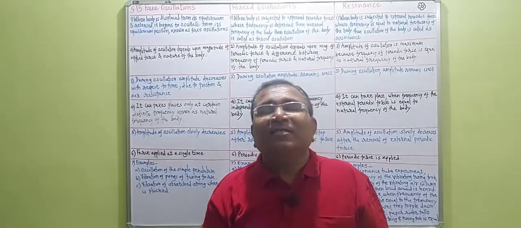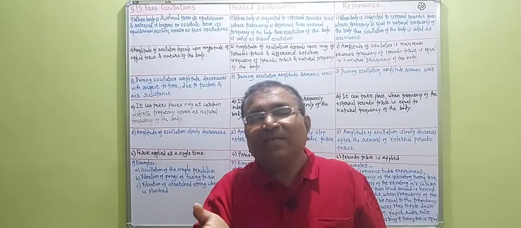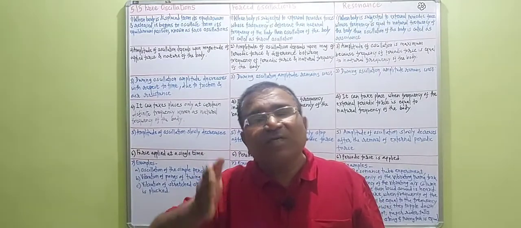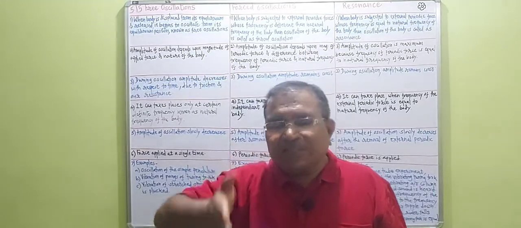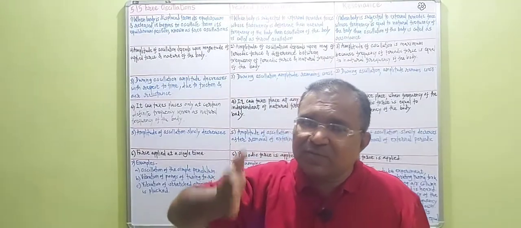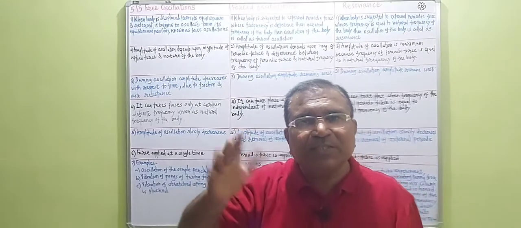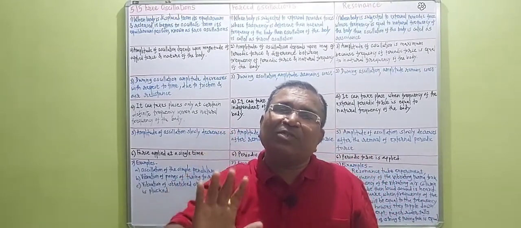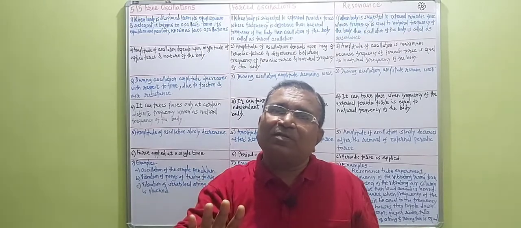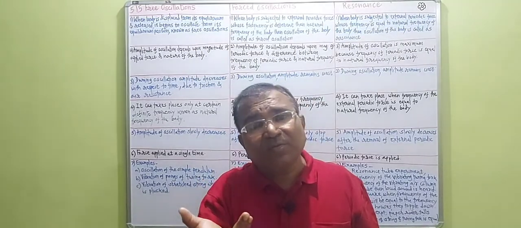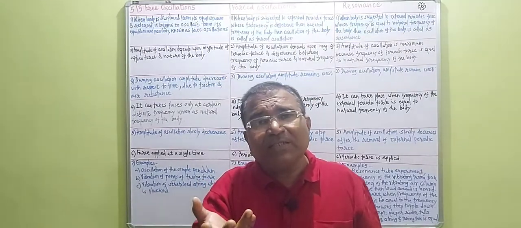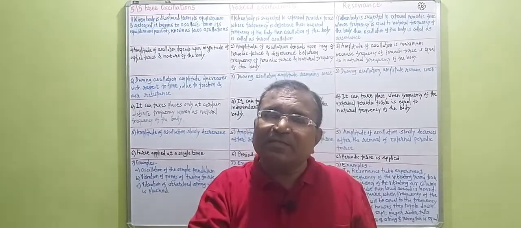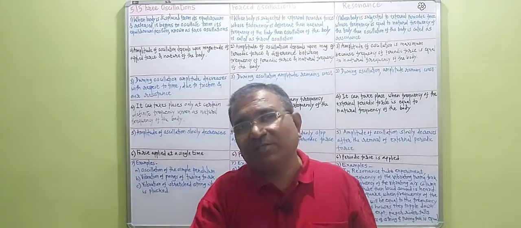Another example is the marching of soldiers over a bridge. As soon as the soldiers march over the bridge, that bridge vibrates. But as soon as the marching stops, the vibration of the bridge also stops. That means the bridge vibrates because it is forced by the marching of the soldiers.